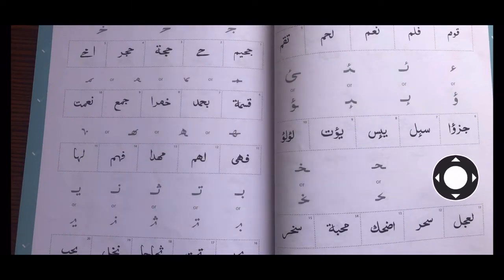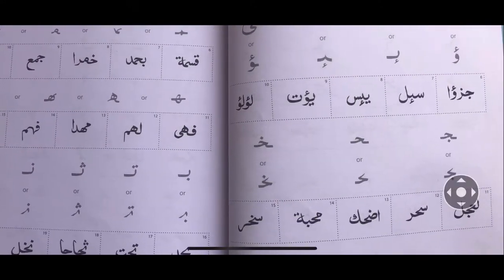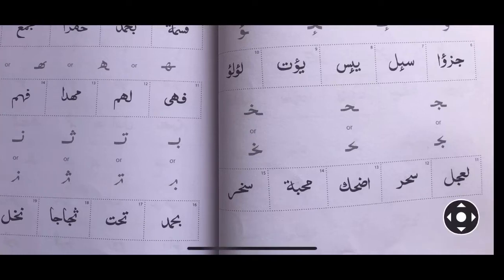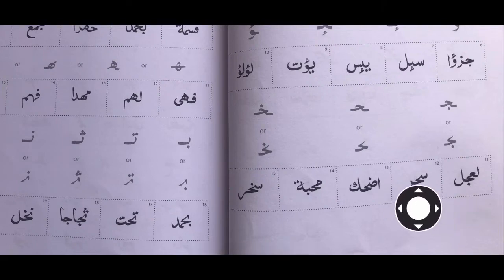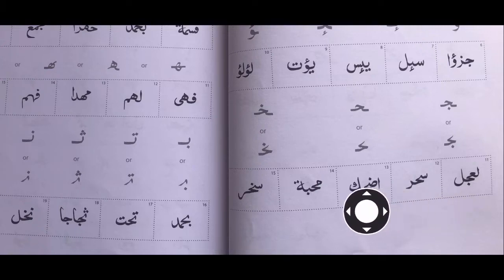There is a Jim in this example, and a Jim over here, and a Ha in the next example, and a Ha again in the next example. A Ha with a Mim before it, Ha with Dad before it, Ha with Sin before it, and a Jim with Ain before it. And the last example, we have a Ha with a Sin before it.